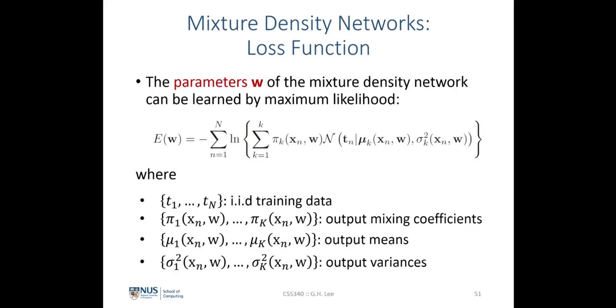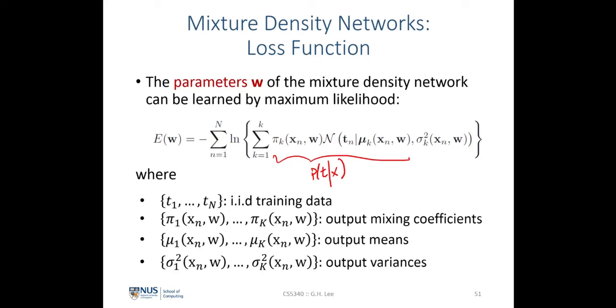Now we can write the loss function of the mixture density network as a negative log likelihood. Recall that this particular term over here is our Gaussian mixture model, which corresponds to our likelihood function of t conditioned upon x, or the posterior distribution.